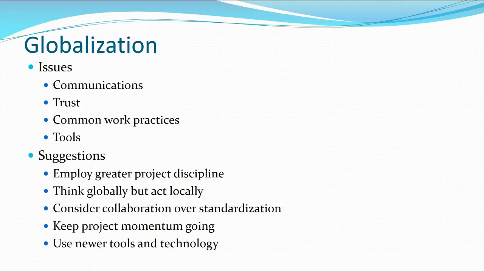So what are some of the issues? Well, just communicating. For example, there are cultural differences in the way we communicate. If we're communicating in text, whether we're using text messaging or email, things like humor do not translate well. It's tough to build trust with people you don't meet in person. There are also common work practices in certain cultures. For example, in the United States, we work the longest workday in the civilized world.